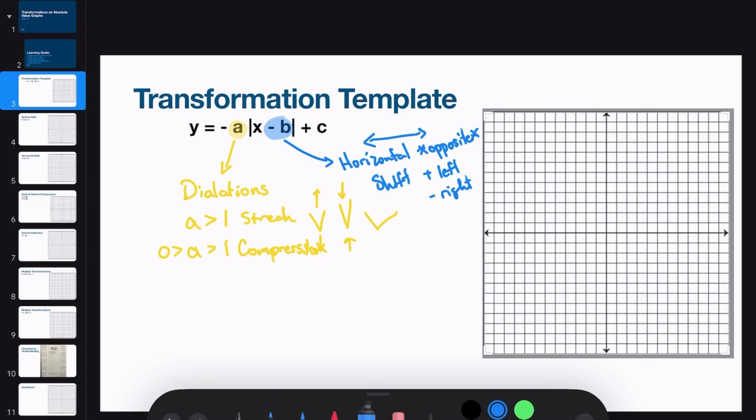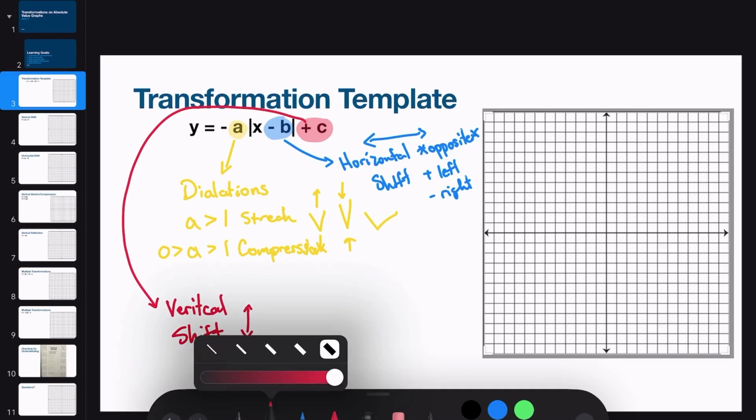Then our C value, this one is going to be, let me kind of arrow through here. The C value is going to be our vertical shift. And we're going to be moving this graph up and down. And when I say moving this graph, let me go into the specifics of that.